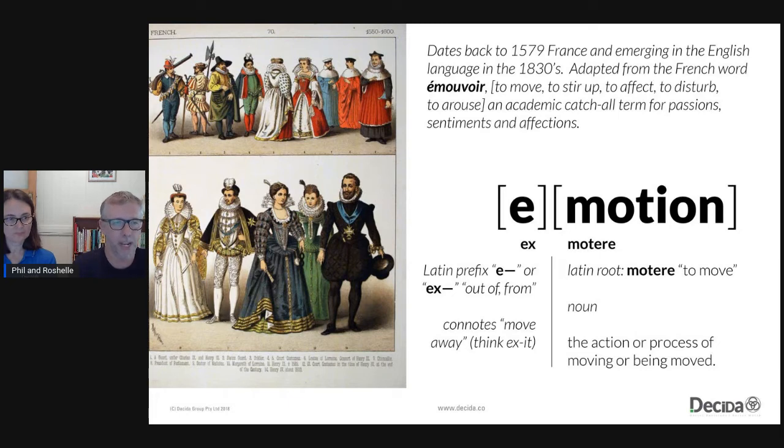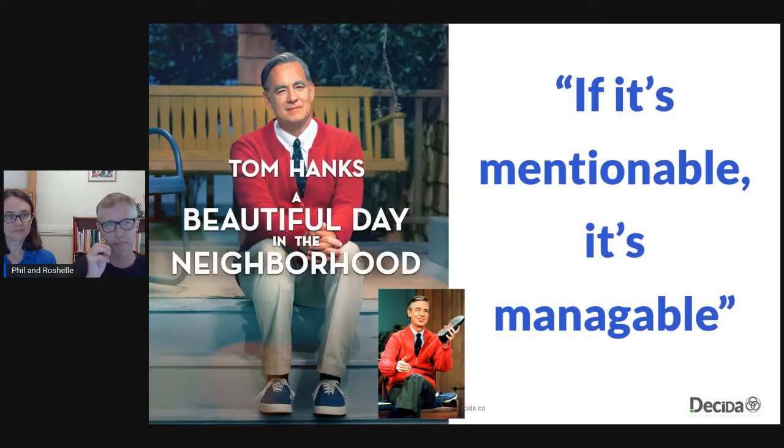When they started to talk about passions and sentiments and affections, they needed a catch-all word to look at these things that were internal movers, something moving people on the inside, not just as an external movement. So the French came up with this term, which translated into emotion, and it's a conceptual vessel for all of those things that move us inside. I find that quite fascinating.